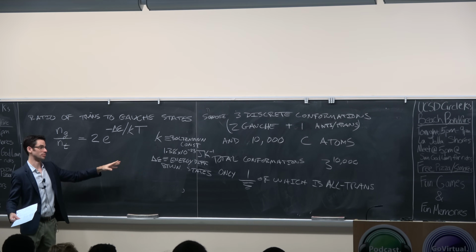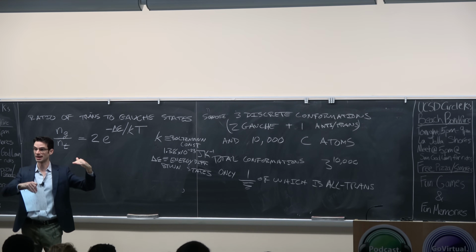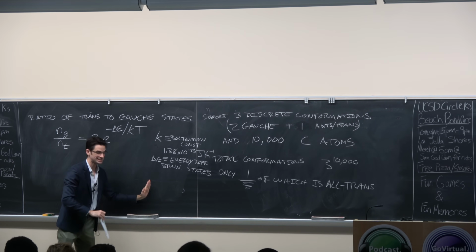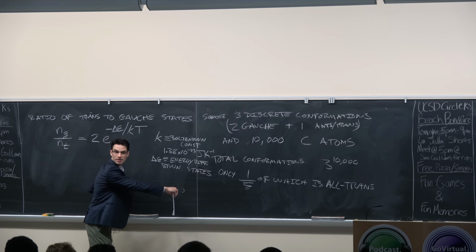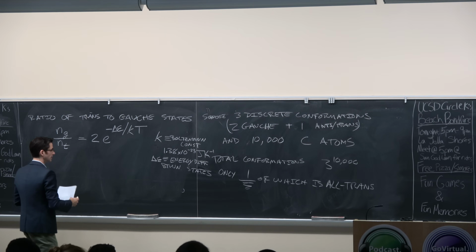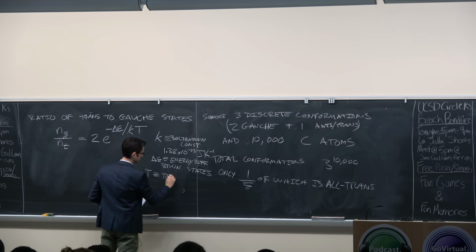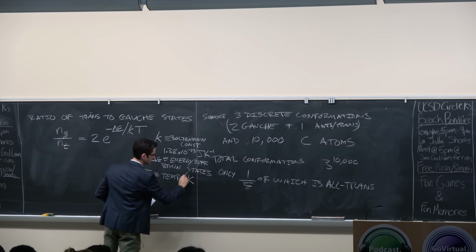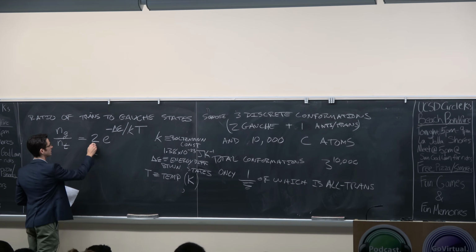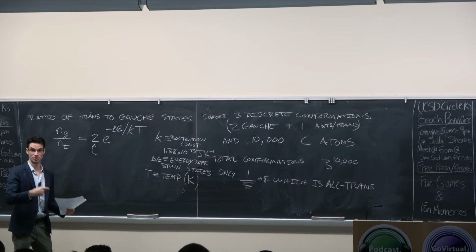So maybe it's not so bad. But if you imagine the potential energy landscape, delta E is the difference between the minima of the anti, which was in the middle, and the two gauche states, which were on the sides. And T is always the absolute temperature in units of Kelvin. Why do we have a 2 here? Because there are 2 gauche states for every trans, or anti, state.